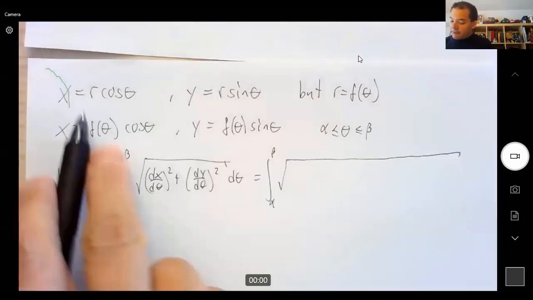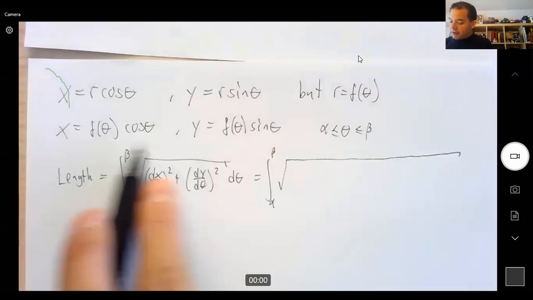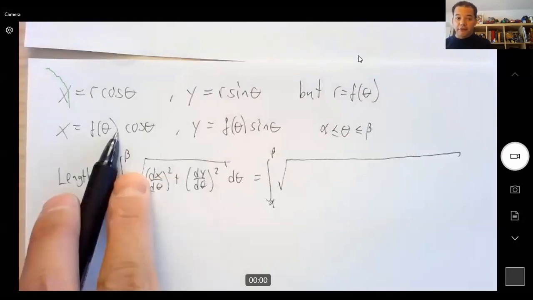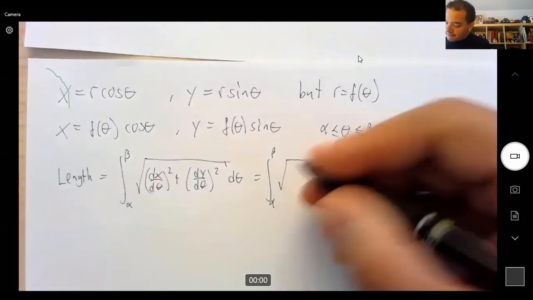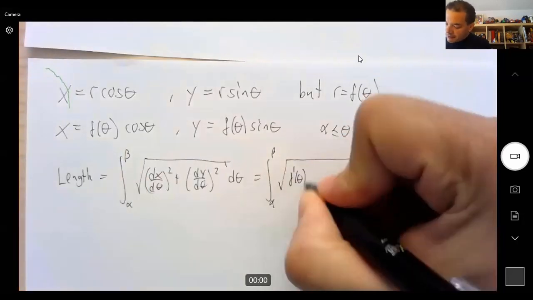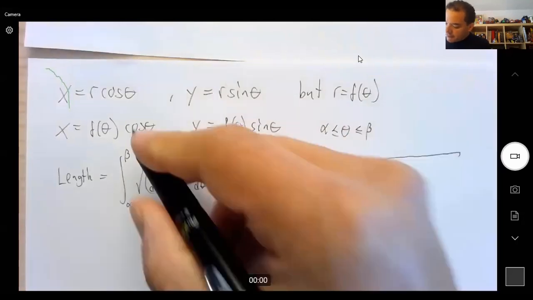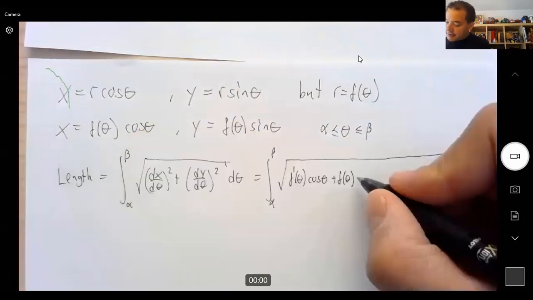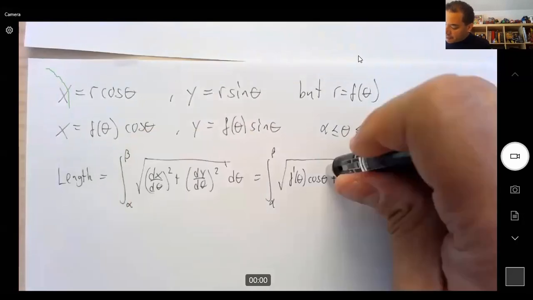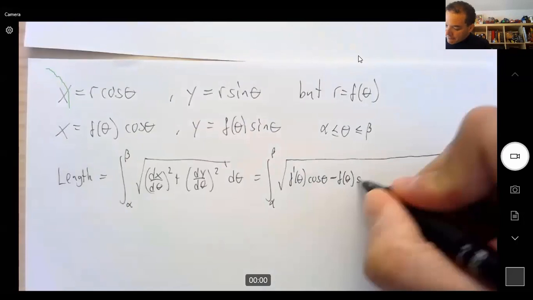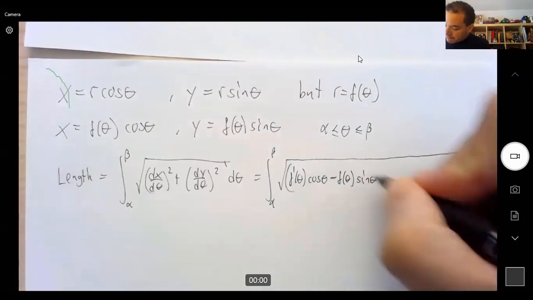So what is the derivative of x? It's right here with respect to theta. Well, we use a product rule, right? So it's the derivative of the first times the second plus the first times the derivative of the second, which is sine theta. So this will be minus, and we square that.